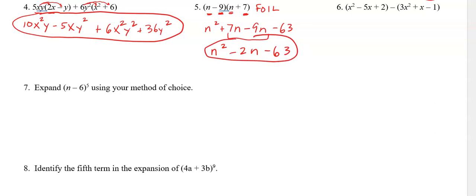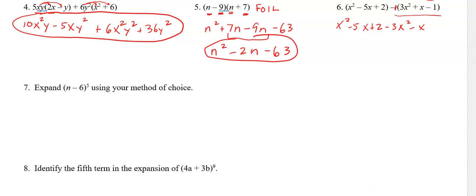This is a subtraction of polynomials problem, so I like to distribute negative 1 to this second polynomial, drop the parentheses, and with the distributive property. So negative 1 times 3x squared is negative 3x squared. Negative 1 times x is negative x.